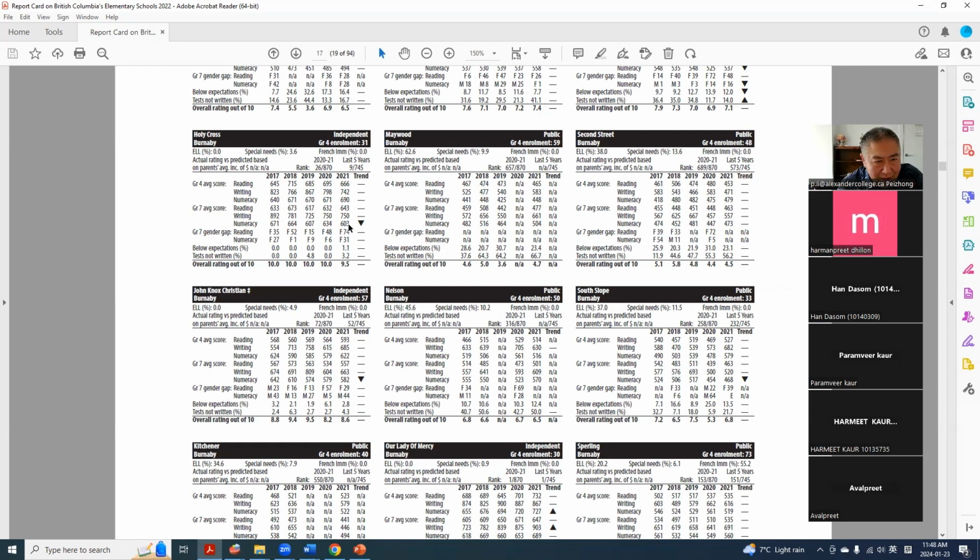Numeracy, Holy Cross, 603, and Maywood, 504. That's a 100 difference. Well, that gives you a big problem. The schools are not equal. Some of the students are high academic achievers, some are low academic achievers.